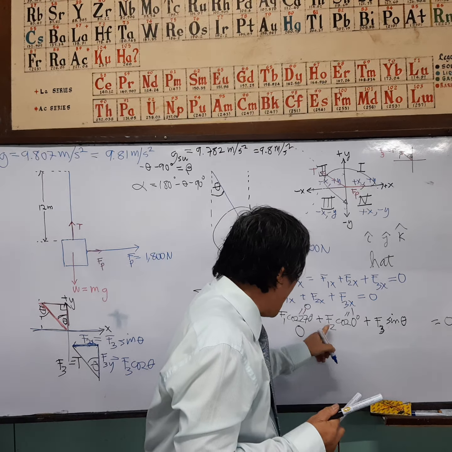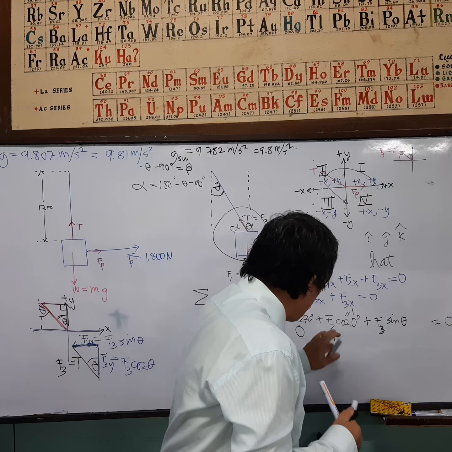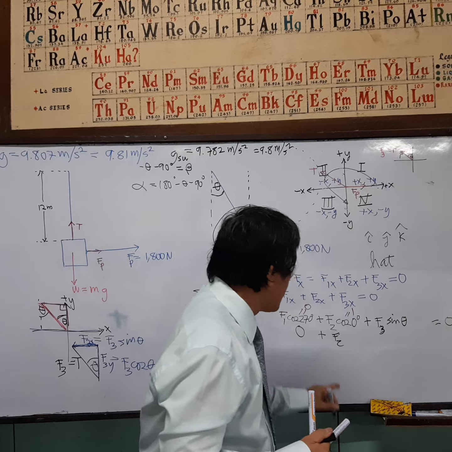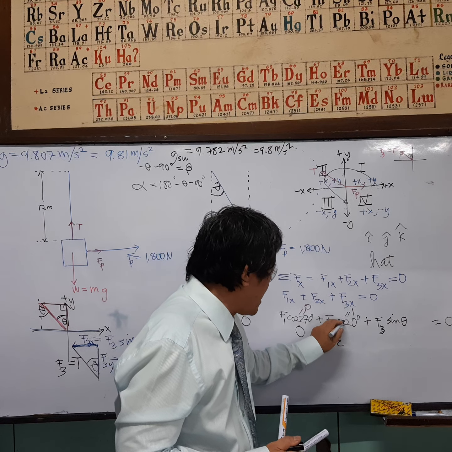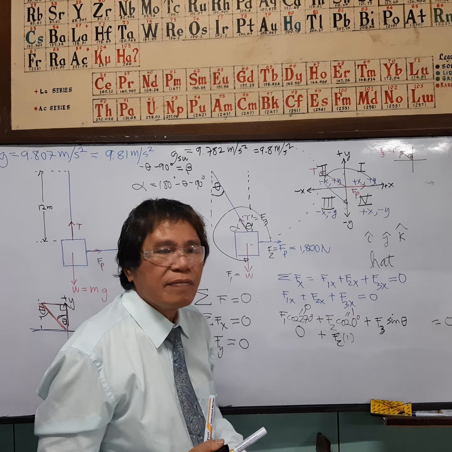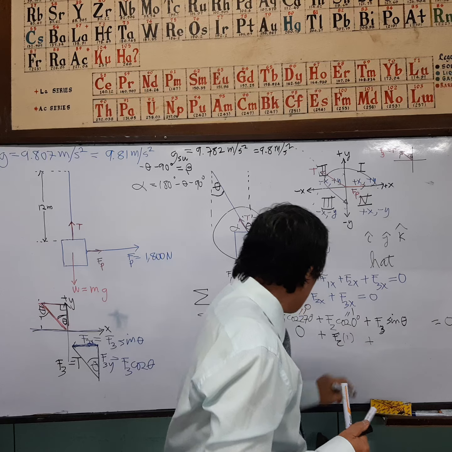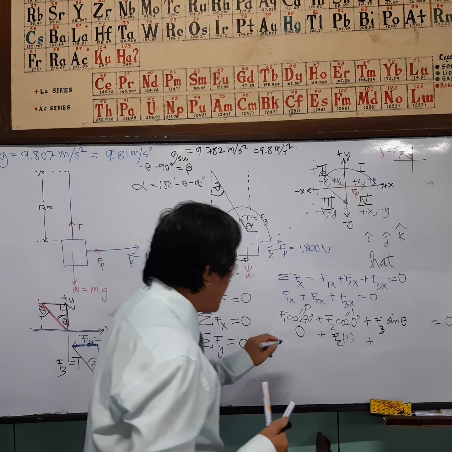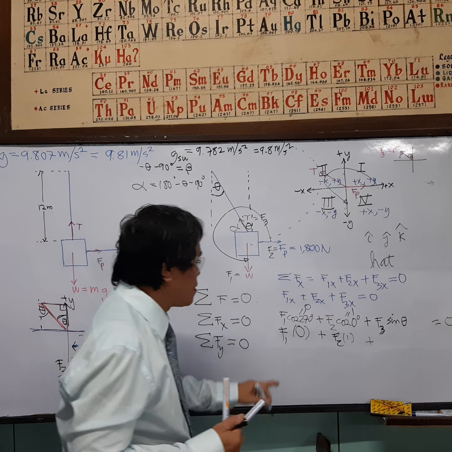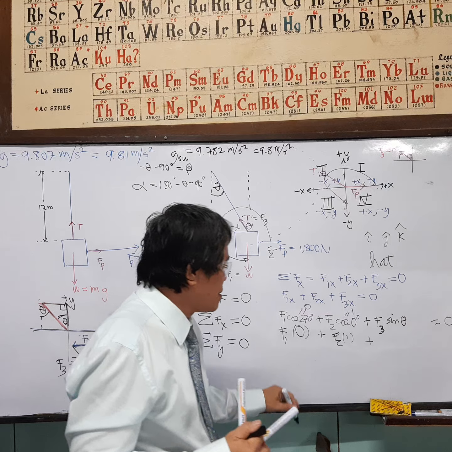So 1 times F2 equals F2, because cosine of 0 is 1. Then plus, I will just have this one, 0 times F1. Anyway, this will end up 0, but I'll just have this one in detail.